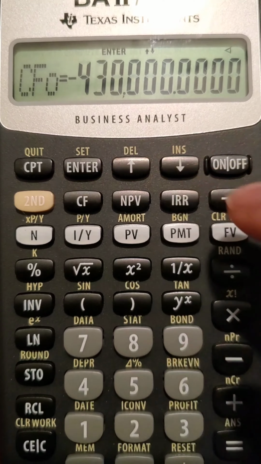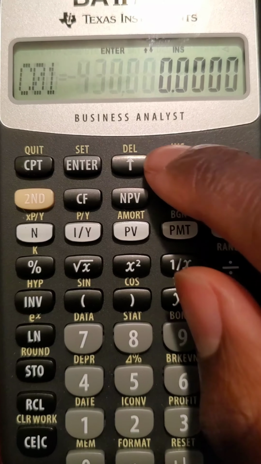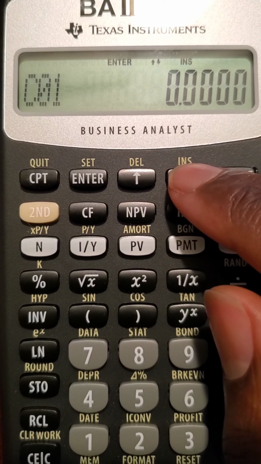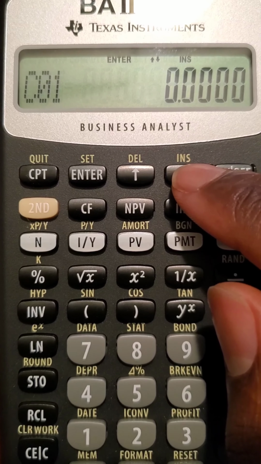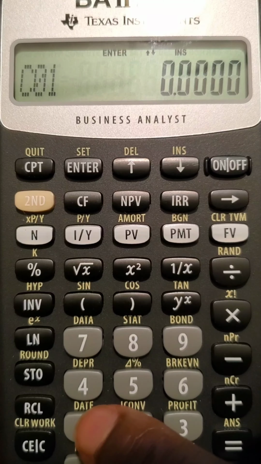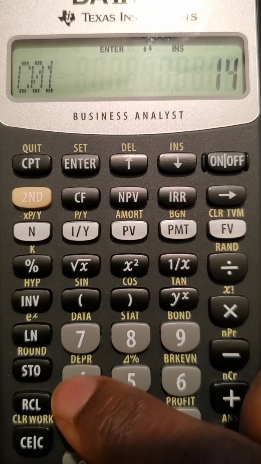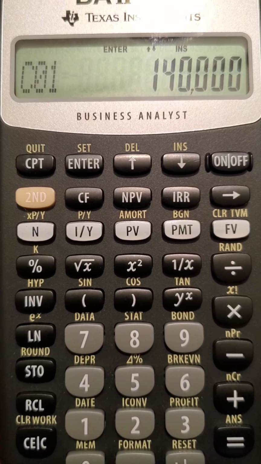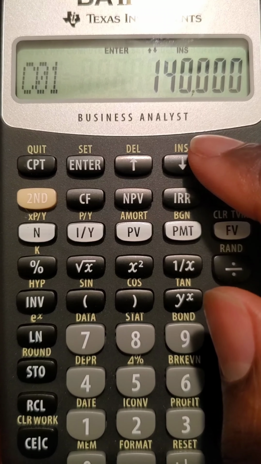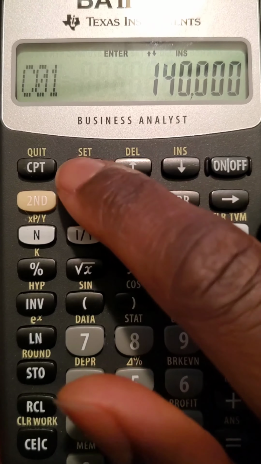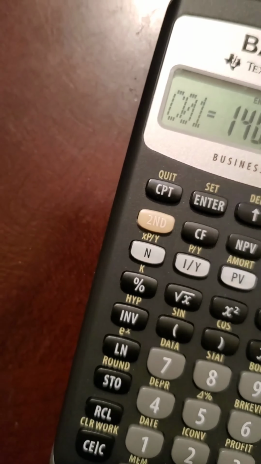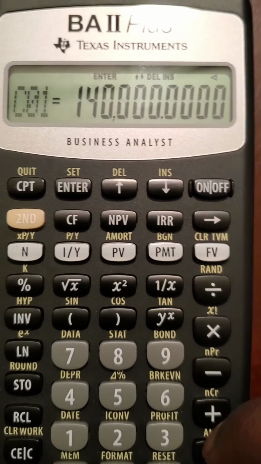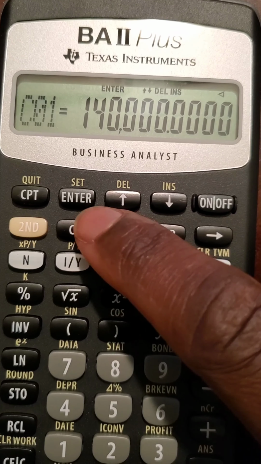So I'm going to hit enter, then the down arrow. It says cash flow 1. The first cash flow the problem says we're going to receive is $140,000. That's the cash inflow, so it's not going to be negative, it's going to be positive. C01, cash flow 1, is going to be $140,000, and I hit enter.